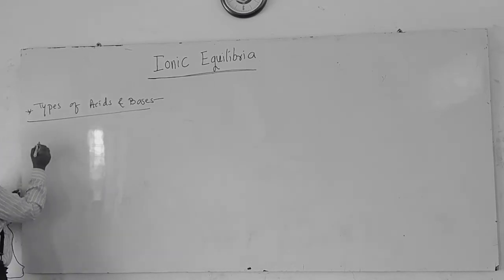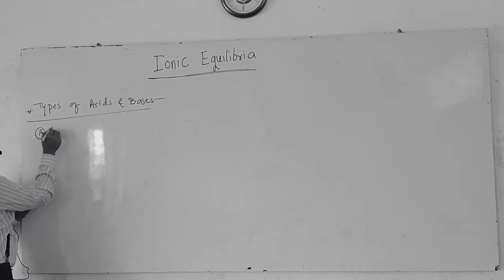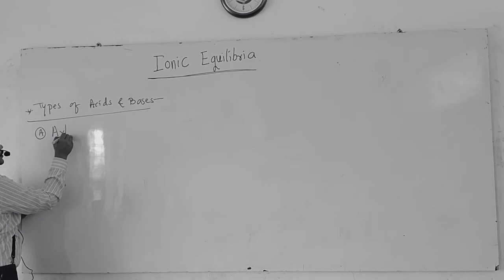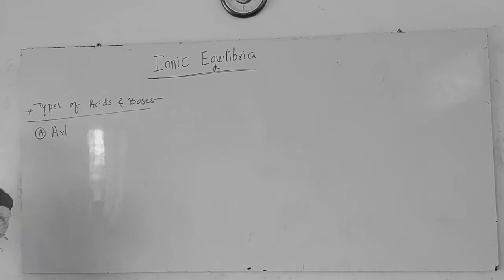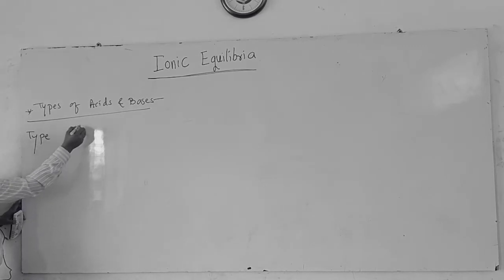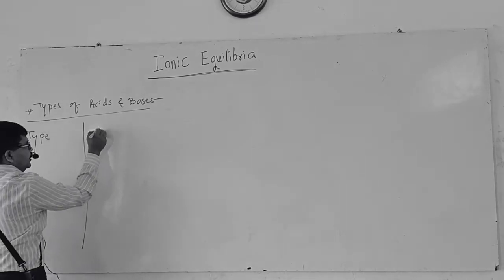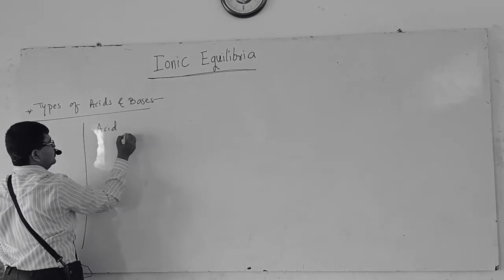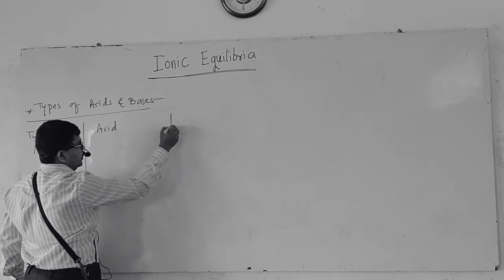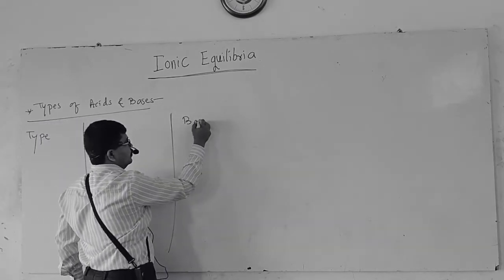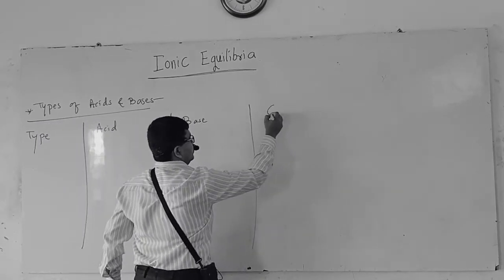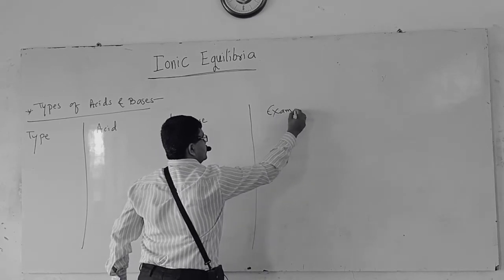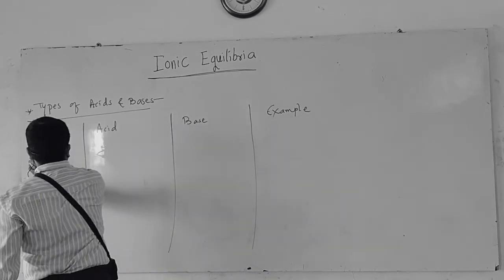First is Arrhenius. In the form of a table we can write: here type, then the second column will be acid and base. And we can discuss examples also.